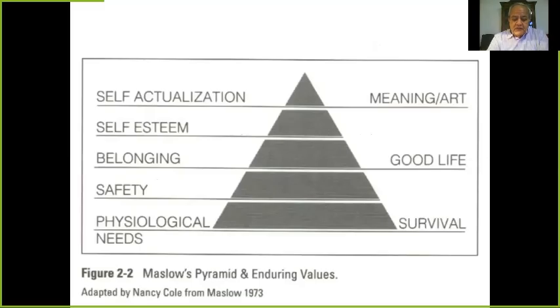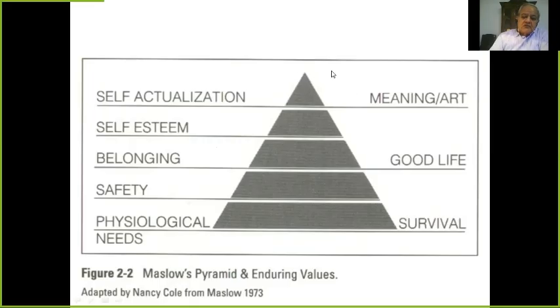Of course, we never forget Maslow's pyramid of values and needs, how individuals have important values: at the bottom, physiological needs and survival, then safety, belonging, and self-esteem and self-actualization.